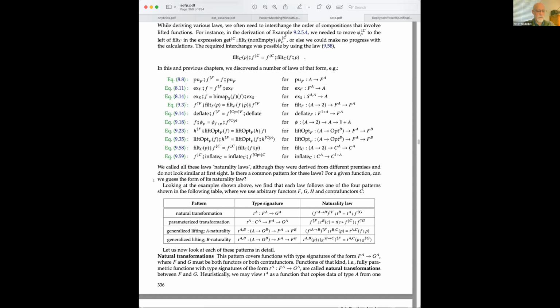Right. So where there's a small t with a superscript of big A, we're saying we're applying t to the type A, or t at type A, since these are polymorphic functions.